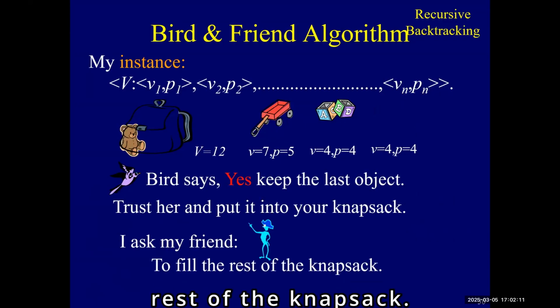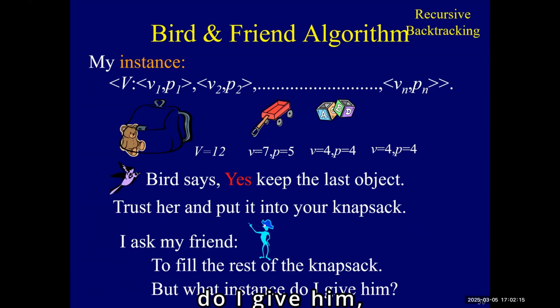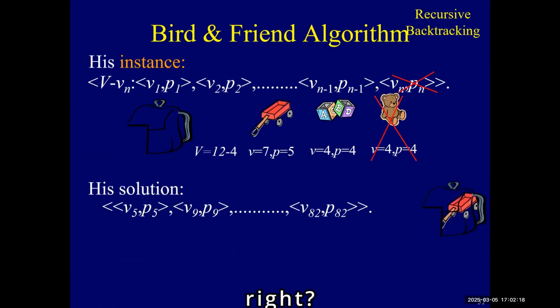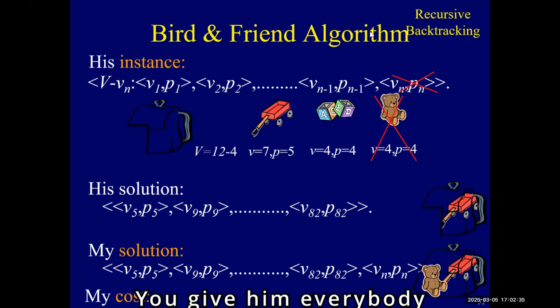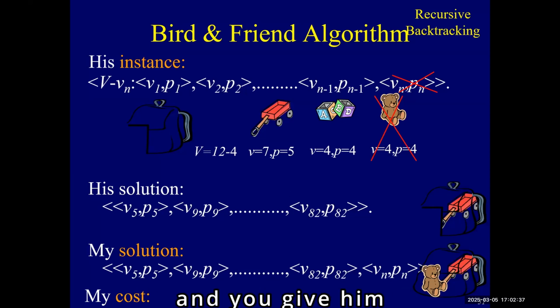And if the bird says, take it, then you put it in, and I ask my friend to fill the rest of the knapsack. And so what instance do I give him? Well, you can sort of see it. You give him n-1 objects, everybody but the bear, and you give him the knapsack that's smaller by the bear.